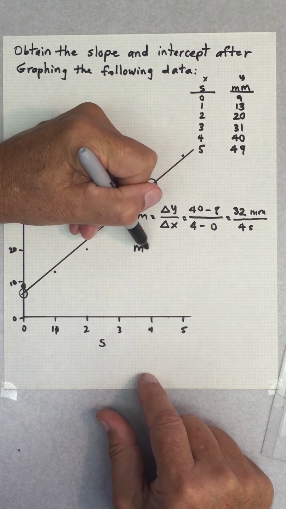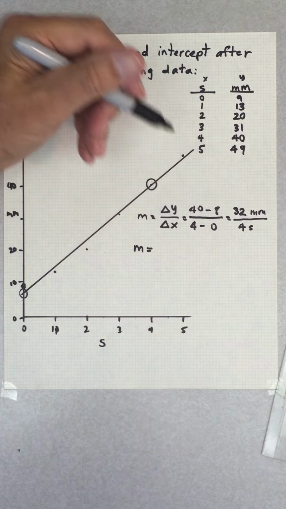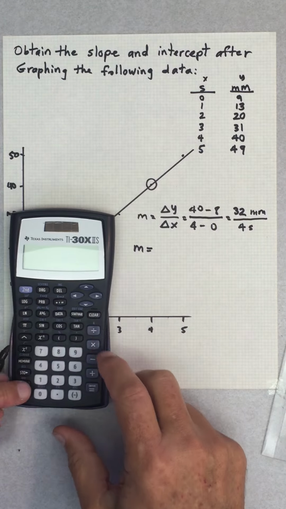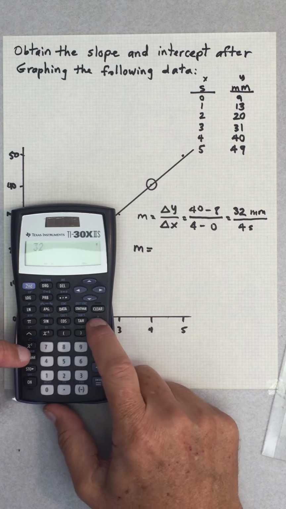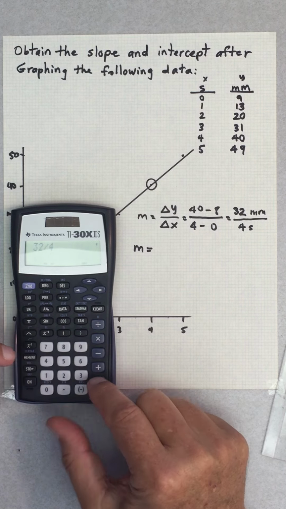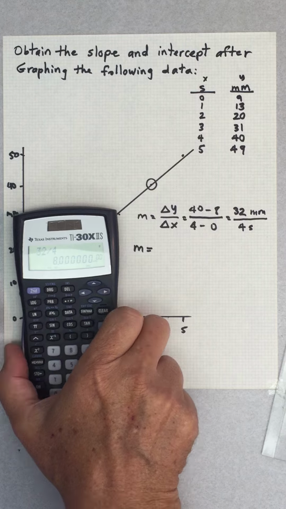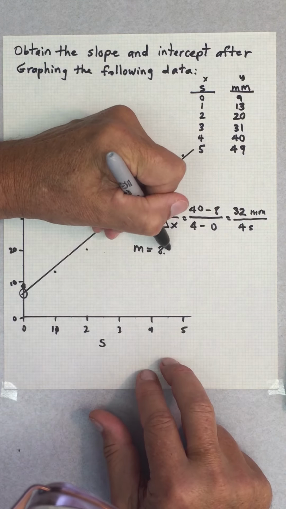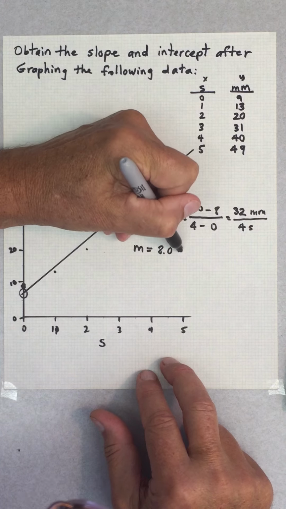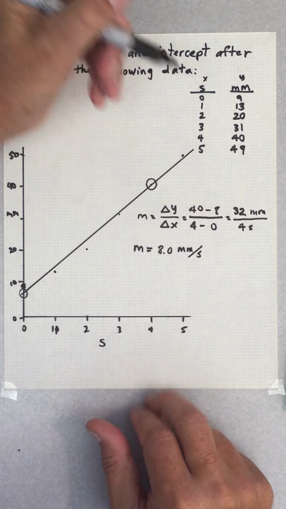So the slope of that line then would be 32 divided by 4, which is about 8. So maybe 8.0 millimeters per second is the slope.